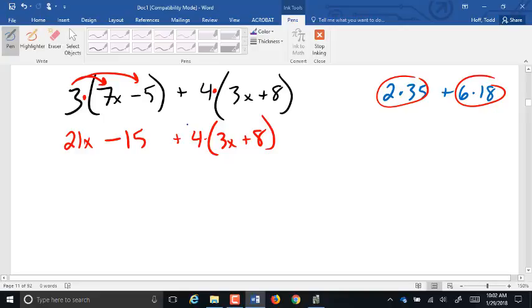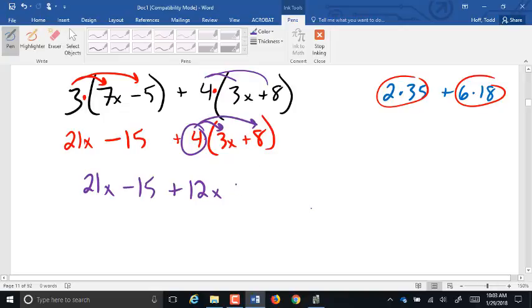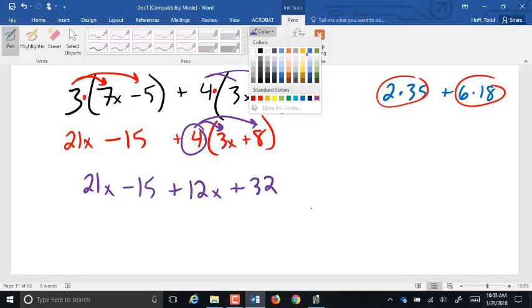From here on out, I'll probably just move over and do this multiplication without rewriting the whole thing. It works. But technically, I should do it this way. So now I've got 4 times 3x, which is 12x, and it's positive, so I'm going to put in a plus 12x. And 4 times 8 is 32.